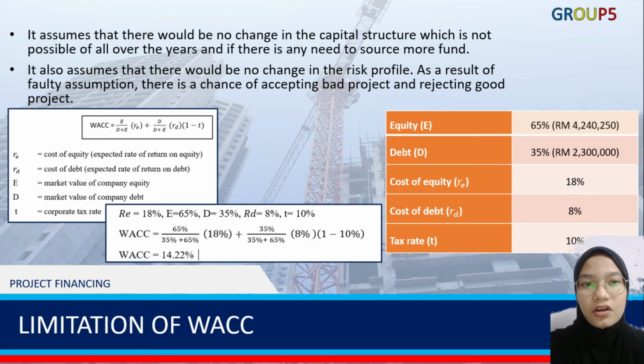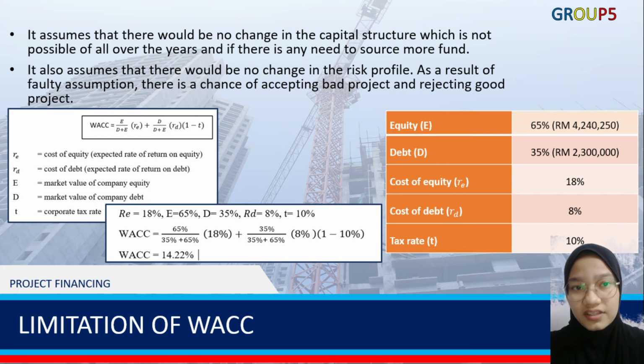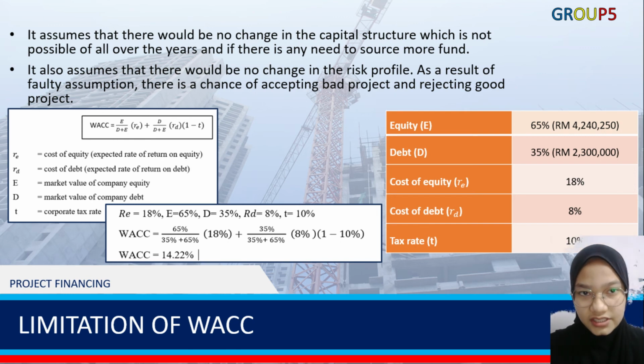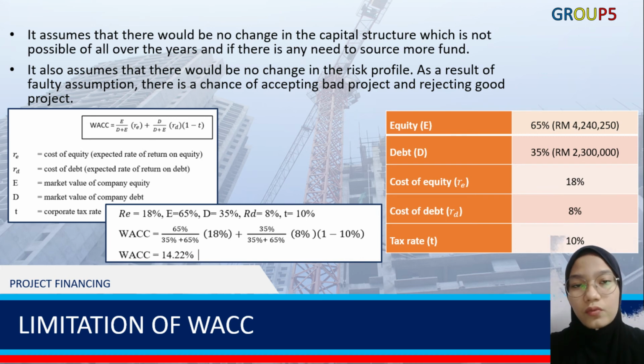The limitation of WACC is that it assumes there would be no change in the capital structure, which is not possible over the years, especially if there is any need to source more funds. It also assumes no change in the risk profile. As a result of faulty assumptions, there is a chance of accepting a bad project and rejecting a good project.